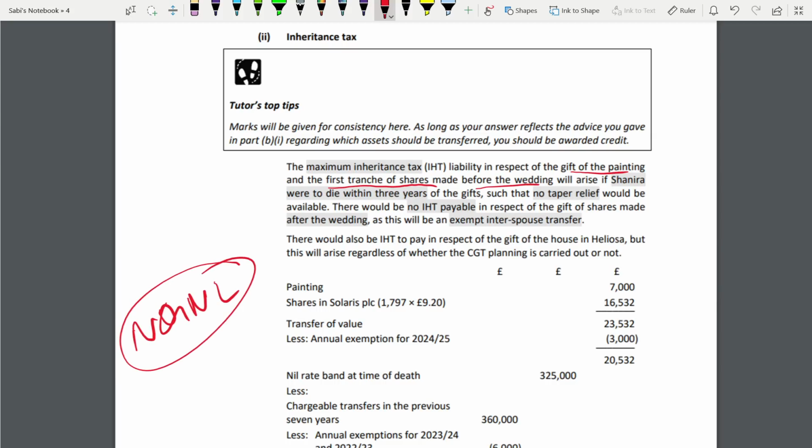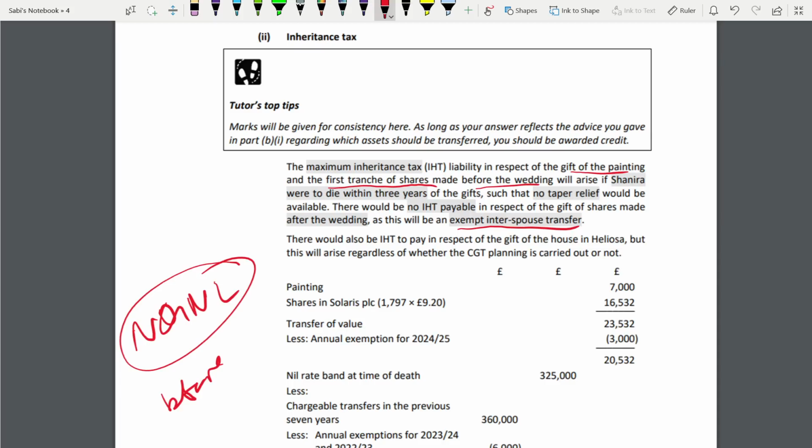We want before the wedding only, when we are going to have a gain. Because after the wedding, it is exempt as an inter-spouse transfer. For inheritance tax, anything you are giving after the wedding will be exempted because of inter-spouse transfer. So before the wedding only. That 1797 that we are selling from shares and the painting, these two things will give you the maximum inheritance tax.